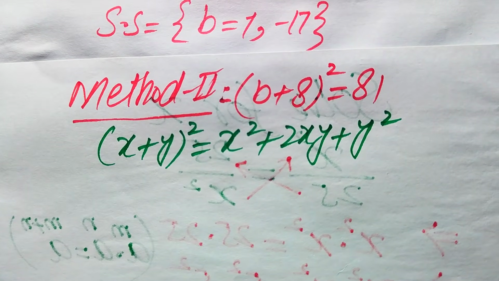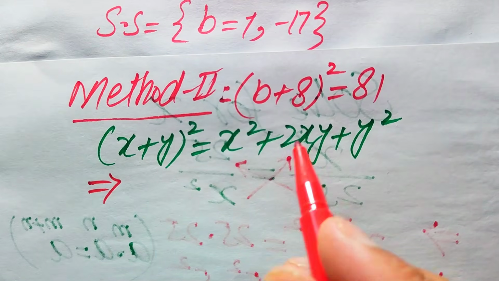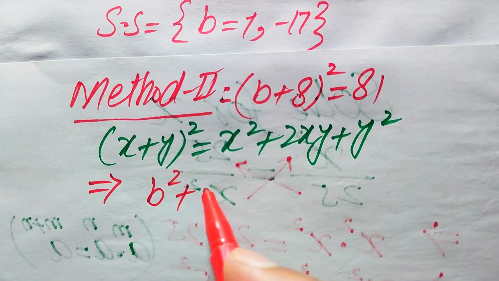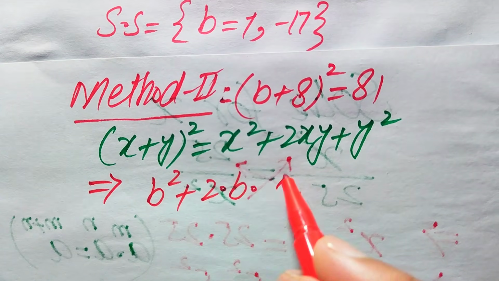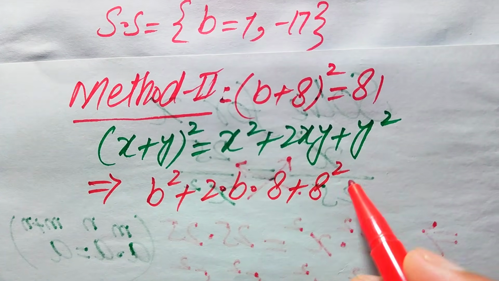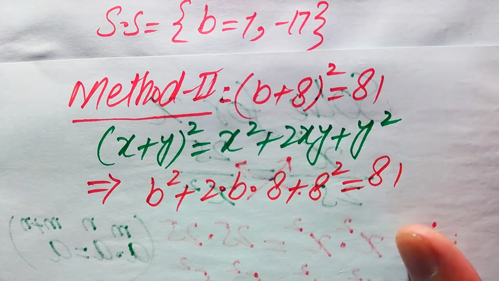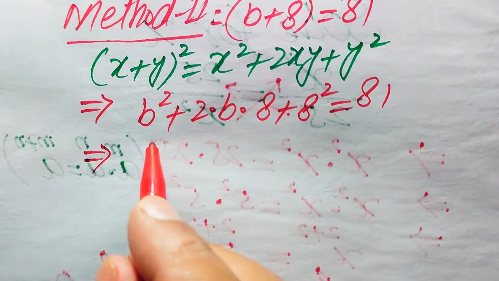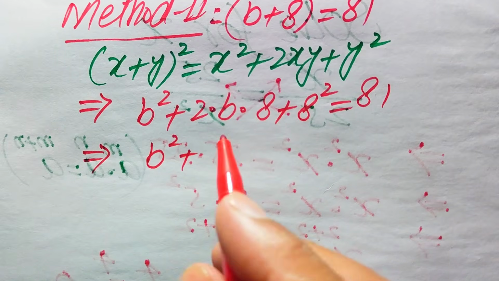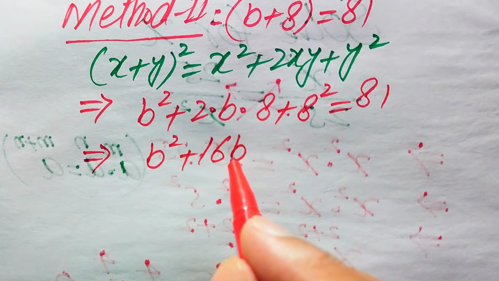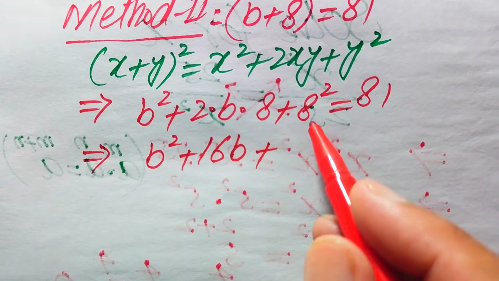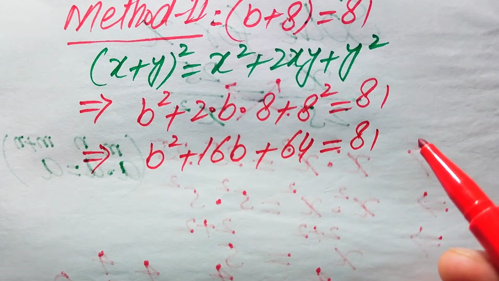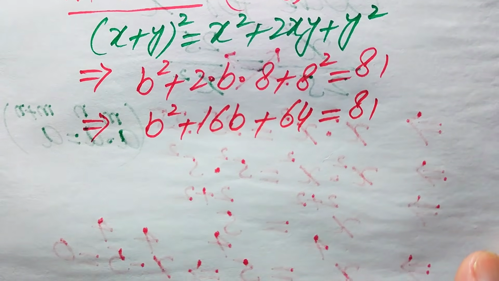According to this formula, we expand the left hand side of the above equation as we write b plus 8 whole square as b square plus 2 times b into 8 plus 8 square is equal to 81. And now in the next step we have b square plus 2 times 8 becomes 16 times b plus this 8 square becomes 64, and this is equal to 81.